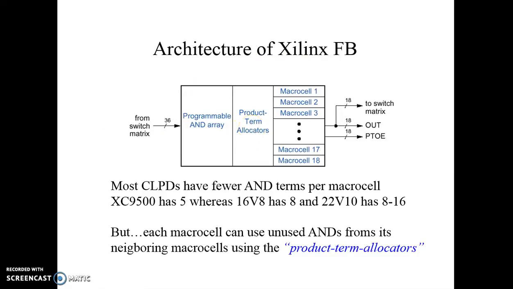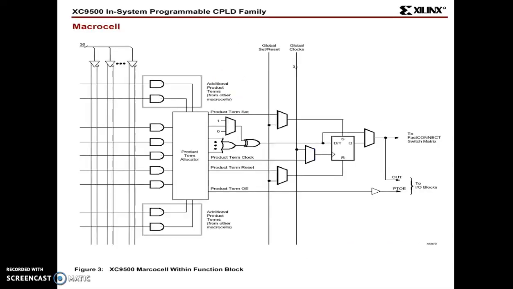Any number of these product terms, up to the 90 available, can be allocated to each macro cell by the product term allocator. Each macro cell may be individually configured for combinational and registered function.